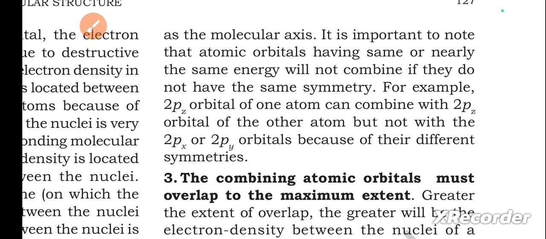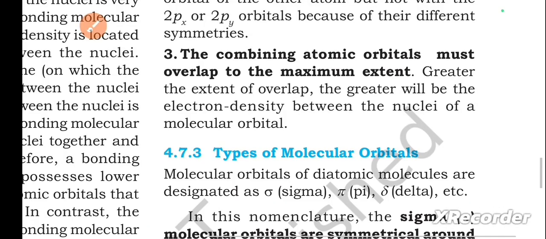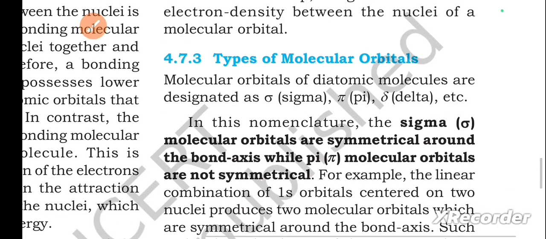For example, the 2pz orbital of one atom can combine with the 2pz orbital of the other atom, but not with the 2px or 2py orbitals because of their different symmetries. Next point, the combining atomic orbitals must overlap to the maximum extent. Greater the extent of overlap, the greater will be the electron density between the nuclei of the molecular orbital.